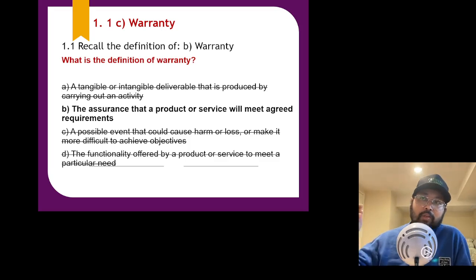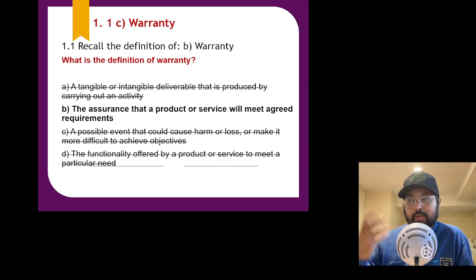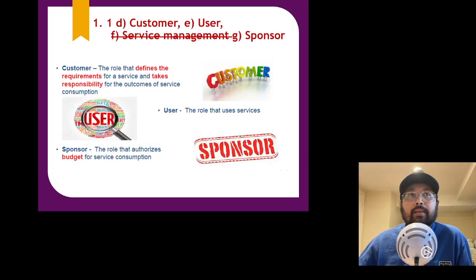This question is also from a real ITIL 4 Foundation test, and you can see this is testing your Bloom level 1, if you can recall the definition of warranty. Now moving next, we are going to discuss 1.1, the customer, user and sponsor.